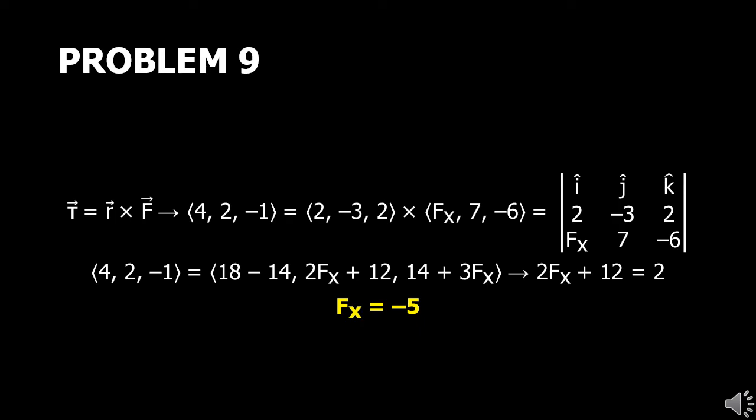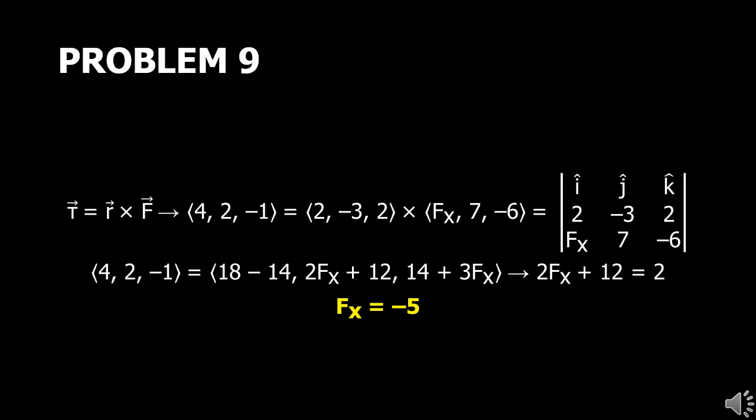So negative 1 is equals to 14 plus 3Fx. So i-transpose natin. So this will become negative 1 minus 14 is equals to 3Fx, and that will become negative 15 equals 3Fx. And then we divide both sides by 3, and we get that Fx is equals to negative 5.